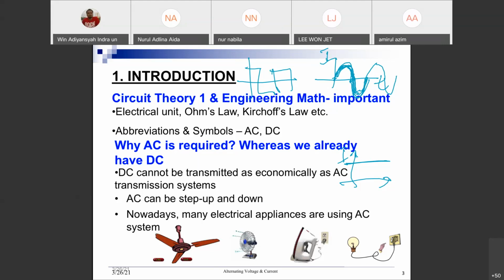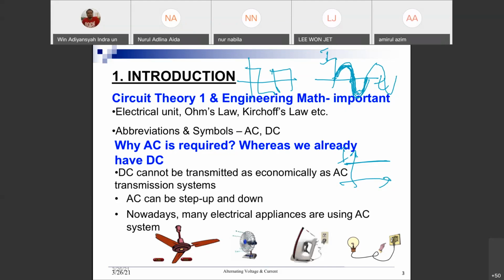So the phone charger is DC. Why? Because the cable will not be too long, maybe only 1 meter, so it doesn't matter using DC.